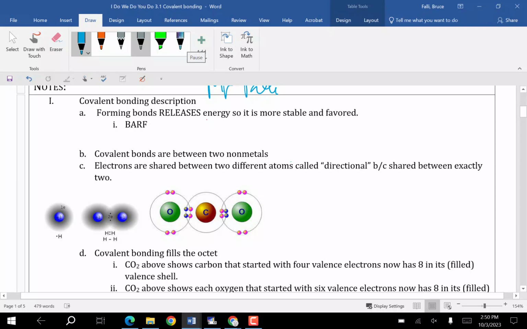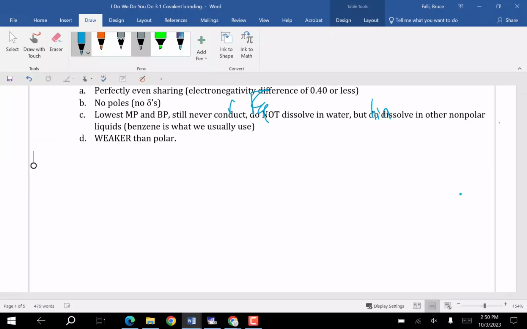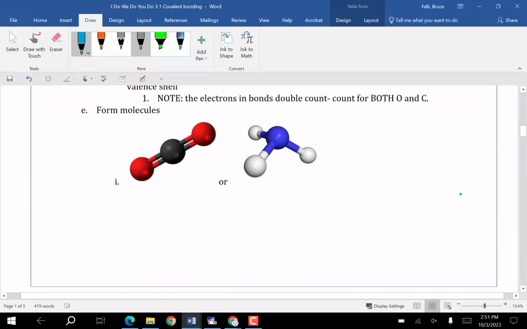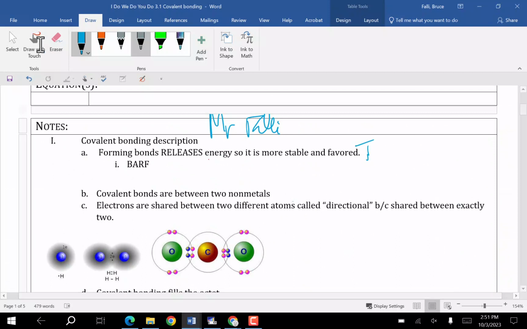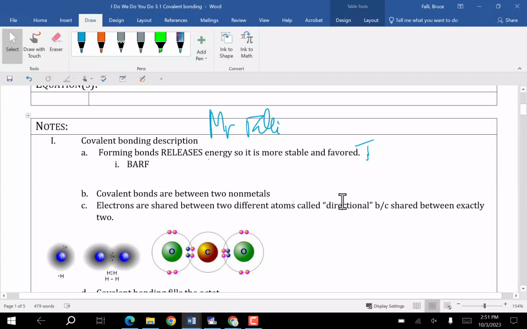Describing covalent bonding. First of all, forming bonds releases energy, so it is more stable and favored. Expect bonds.